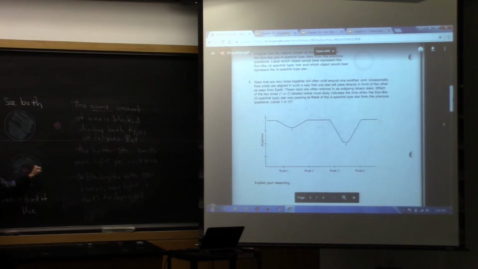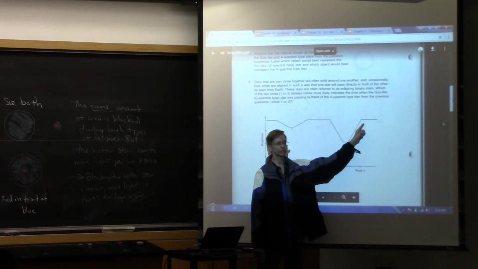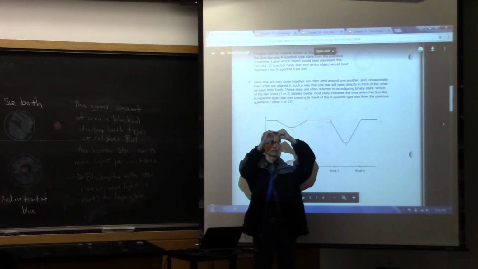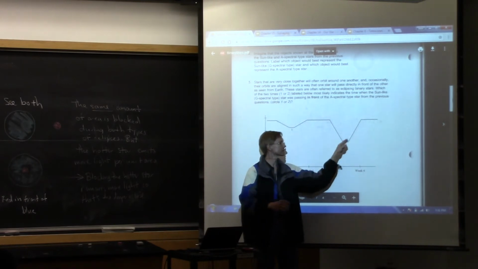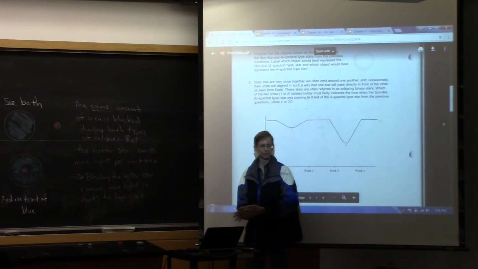As soon as the red star starts moving off of the blue star, that's when it starts to get brighter again and reaches a maximum at the moment when they are no longer blocking one another at all. So it ramps up until they're no longer blocking one another at all, is what it comes down to.